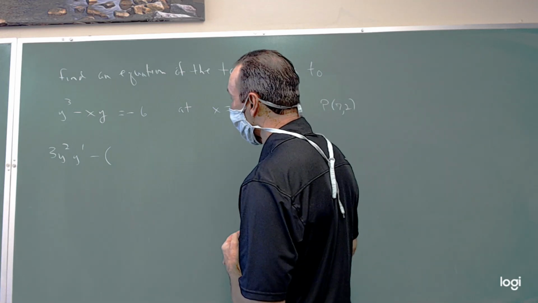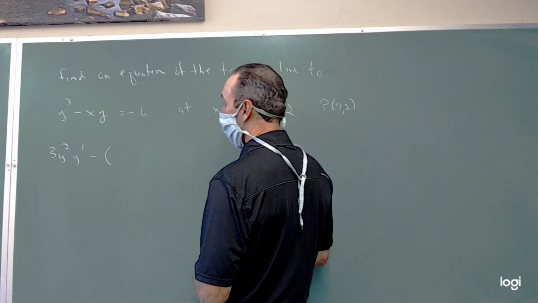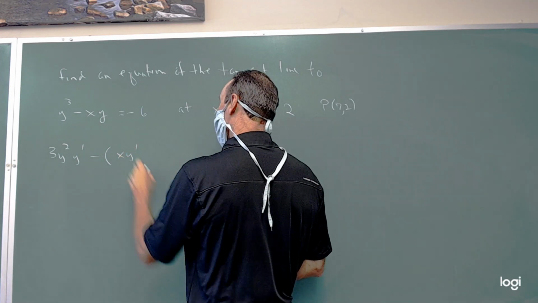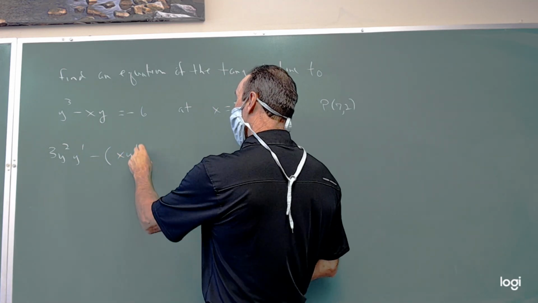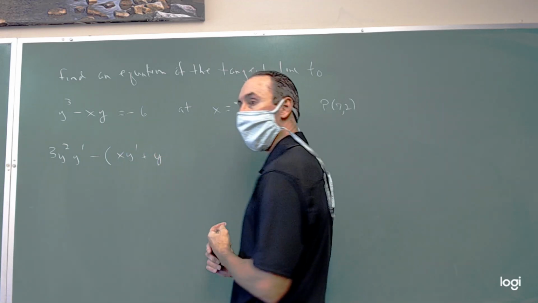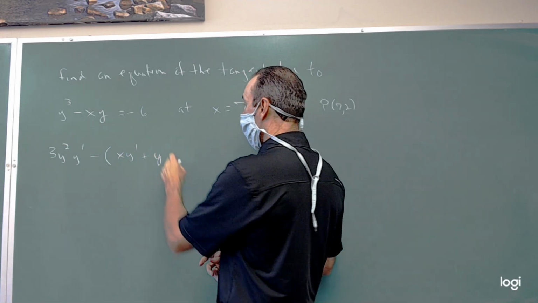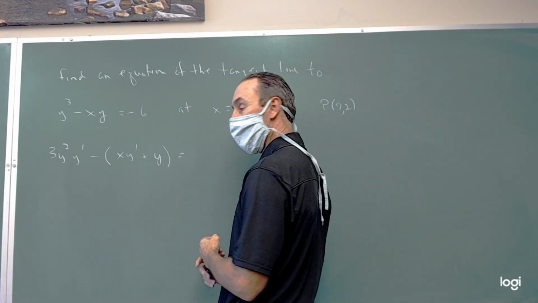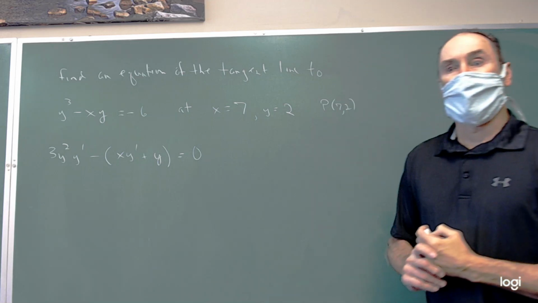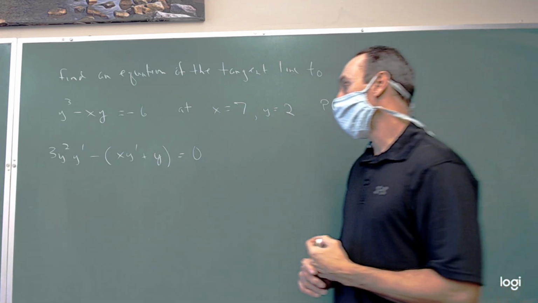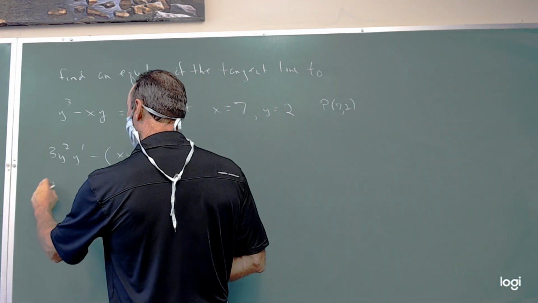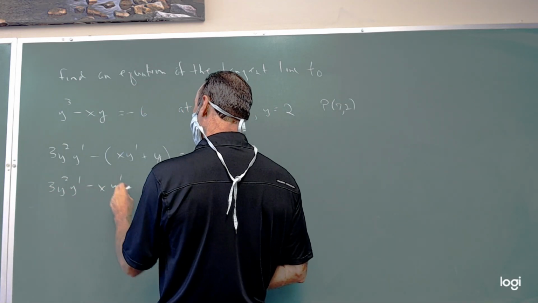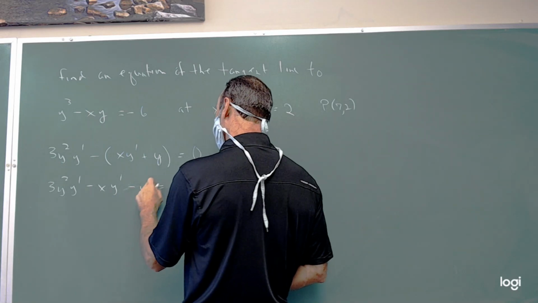So product rule means x times y prime, plus the derivative of x, which is just 1, times y. And the derivative of negative 6 is 0. Okay, we'll distribute that negative sign. So we've got 3y squared y prime minus xy prime minus y equals 0.